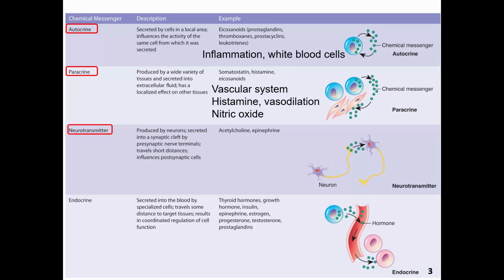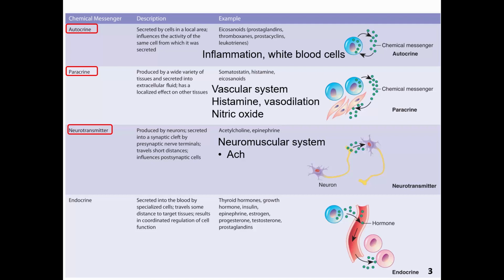Neurotransmitters are secretions of the nervous system by neurons that will affect nearby cells, either other neurons or muscle cells, as we see in the neuromuscular system. So alpha motor neurons will secrete acetylcholine as the neurotransmitter that will result in the activation of a skeletal muscle cell.